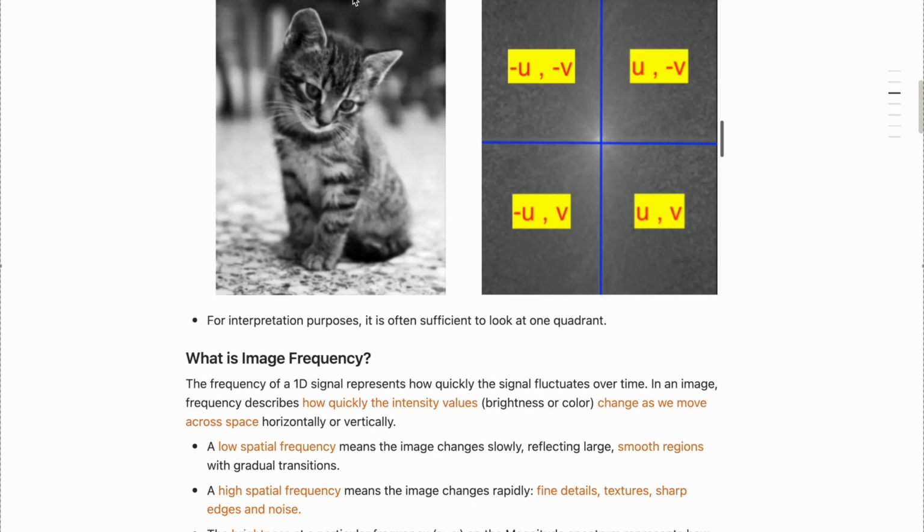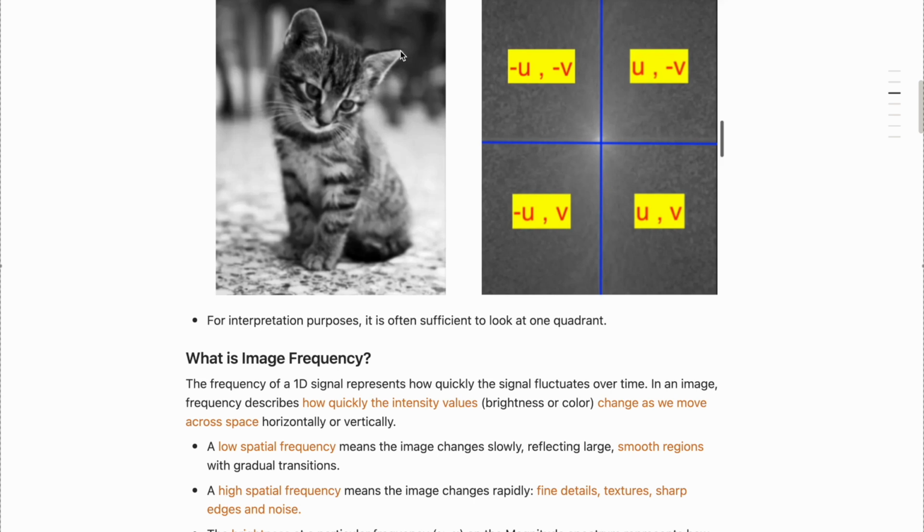Same thing here. These black areas here have no variation, and between the black and the gray there is very little variation. So again, these very low frequency horizontal and vertical areas appear near the center. Whereas there are areas where there is a rapid change in transition.